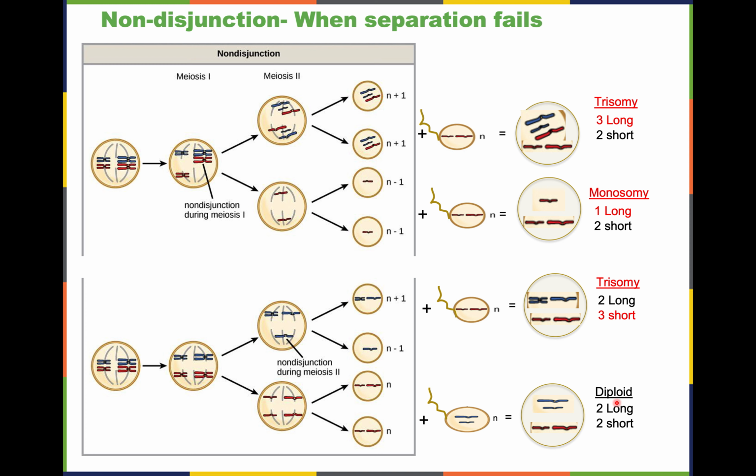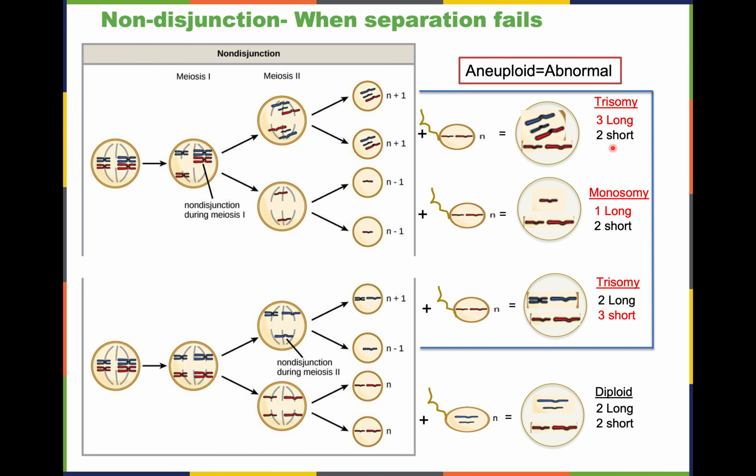Okay? And that's normal. So in these cases where you have an uneven number of chromosomes, we say that they are aneuploid. And aneuploidy is an abnormal state. This is not normal. But when you have the correct number of chromosomes, 2 of each chromosome, you have a euploid individual, which is a normal situation.